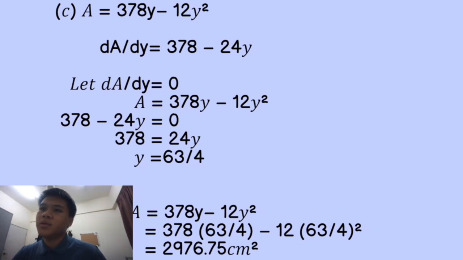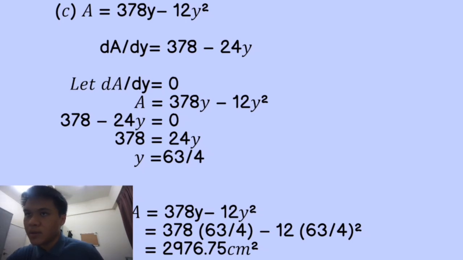Then we need to find the y value, so we can find the maximum value later. We let dA/dy equal 0, so 378 minus 24y equals 0. Then we move 24y to the right so it becomes positive, and leave y alone, so it becomes 378 divided by 24.